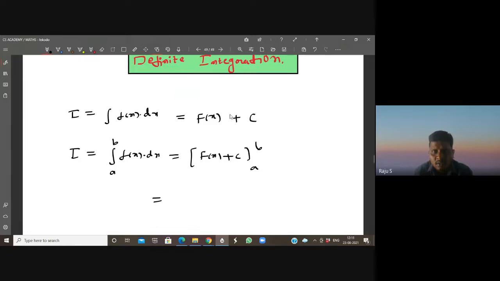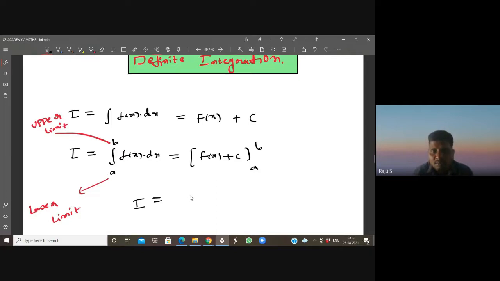Substitute the upper limit. Here a is called the lower limit, and b is called the upper limit. Then I is equal to, now substitute the upper limit. First always try to substitute the upper limit.